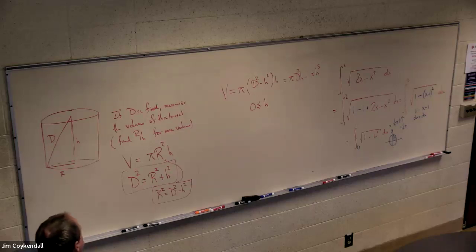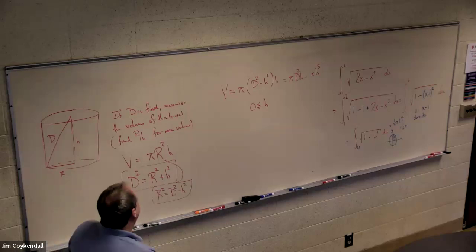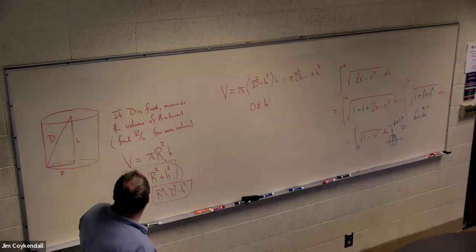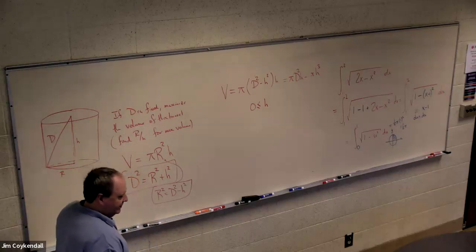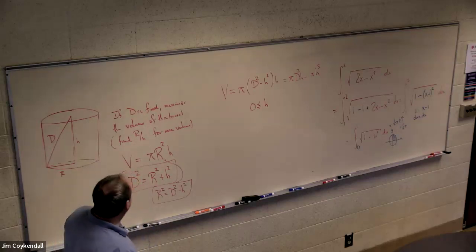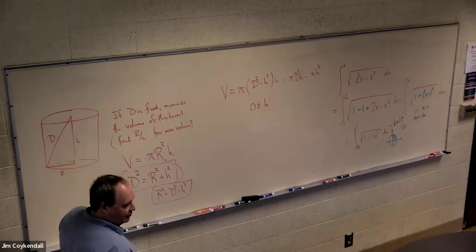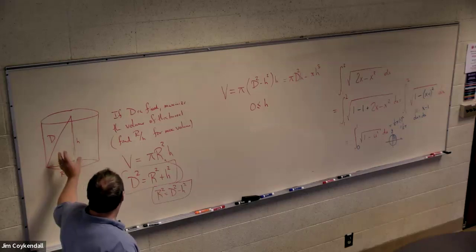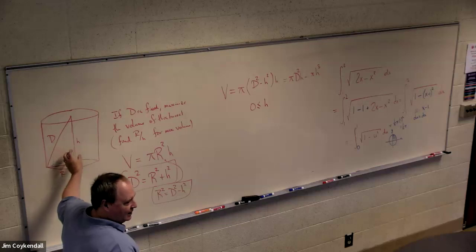Oh, right. H is as big as possible when R is what? So how big can H be? If you stretch this up, H is closer and closer to D. As R gets smaller, H gets closer and closer to D, doesn't it?